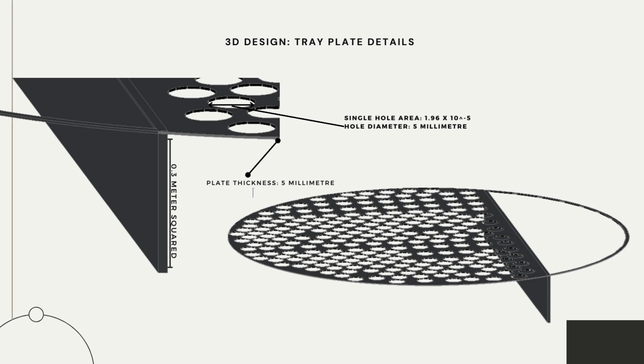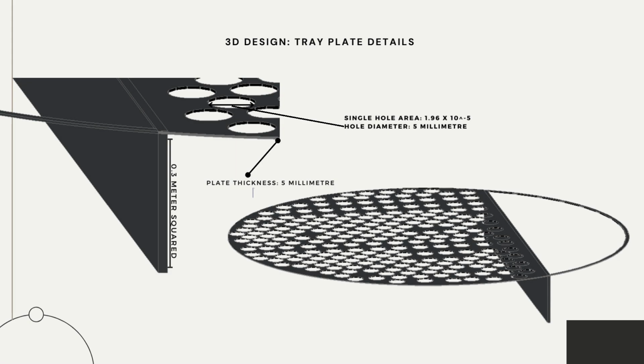In our 3D design visualization, we bring the tray and its intricate components to life with detailed accuracy. The same parameters and measurements mentioned in the previous slide are applied here. By leveraging advanced 3D CAD tools, we can simulate real-world conditions, allowing for a thorough analysis and optimization of the column's performance.